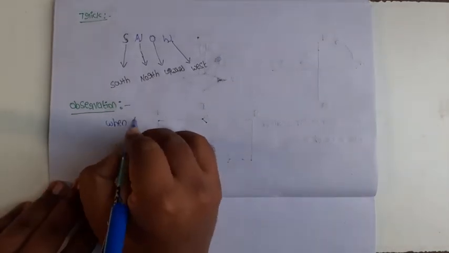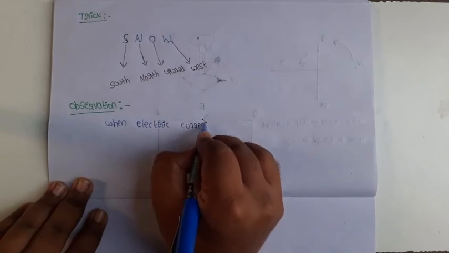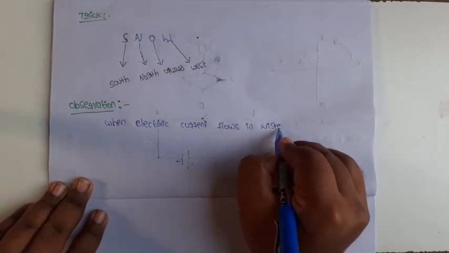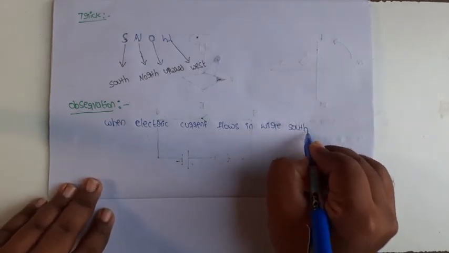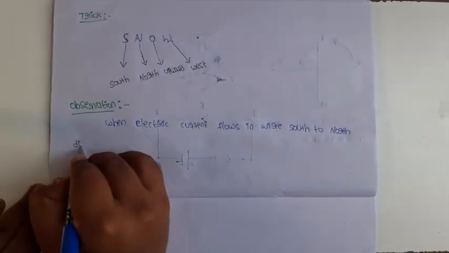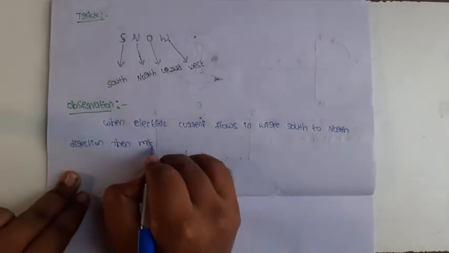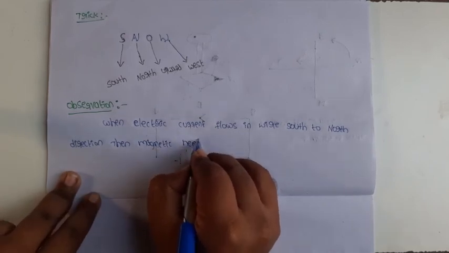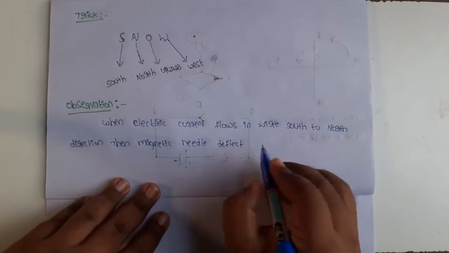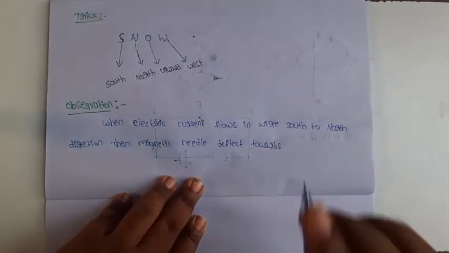When electric current flows in the wire south to north direction, then the magnetic needle deflects towards the west direction.